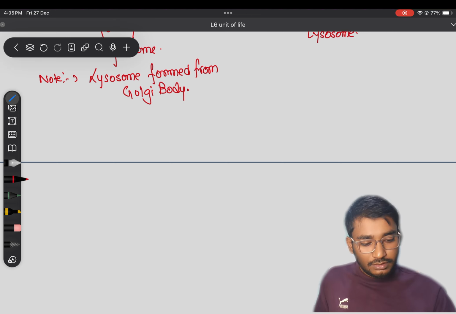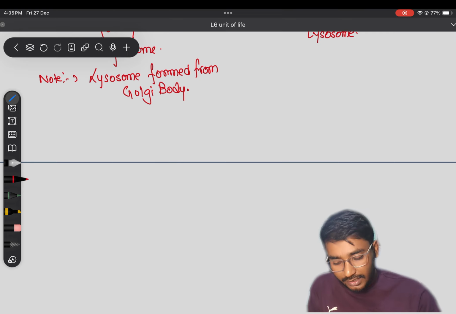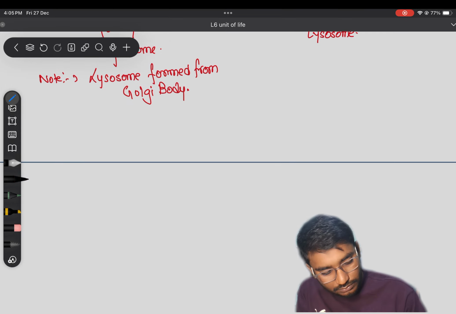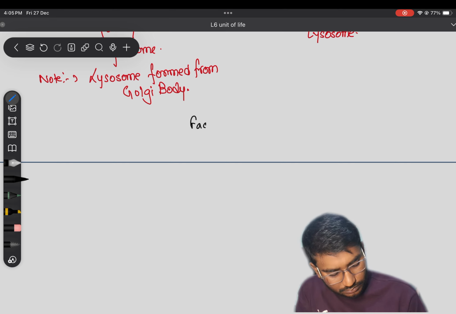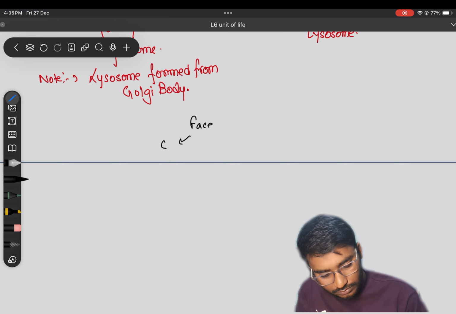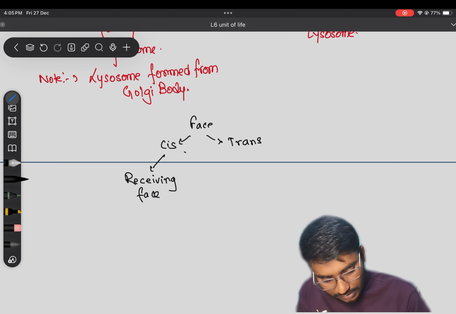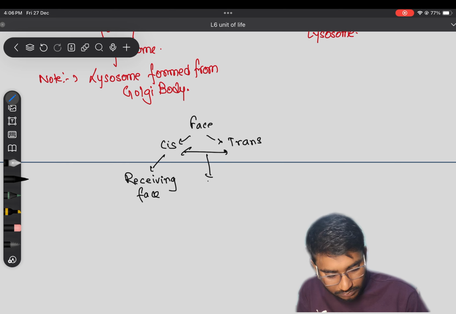So now you can say that there are two phases, cis and trans. So this is the receiving phase.